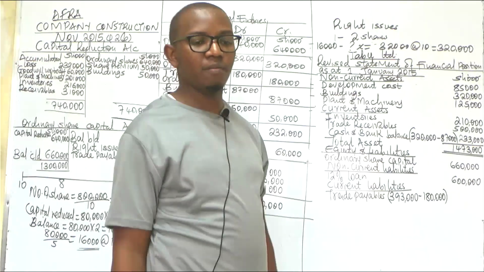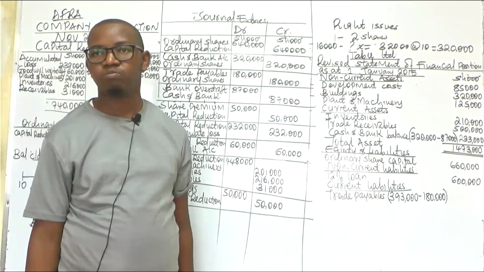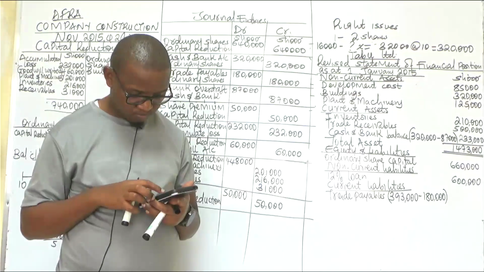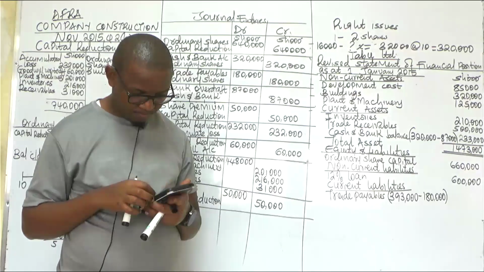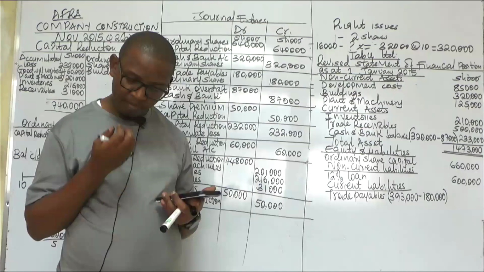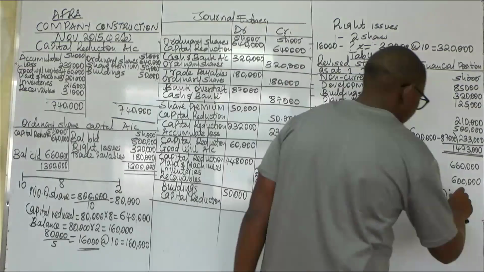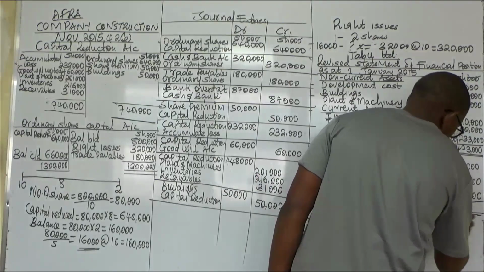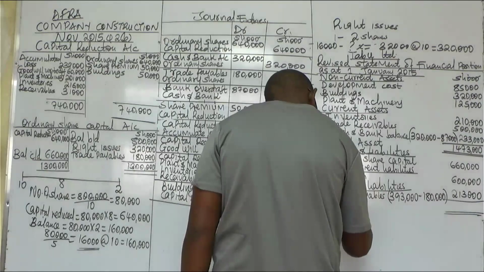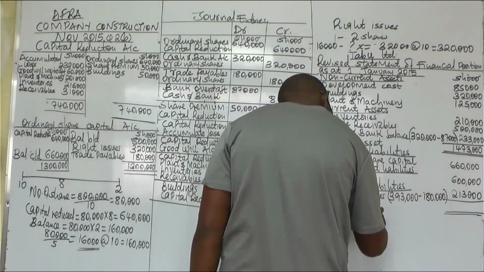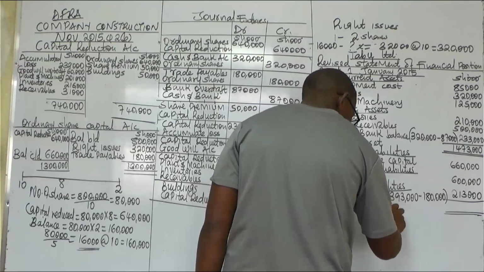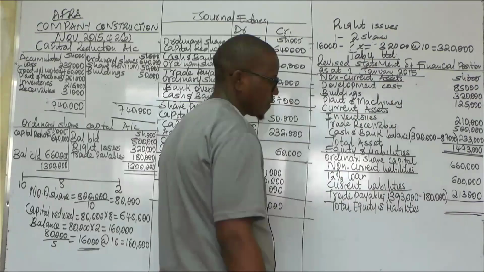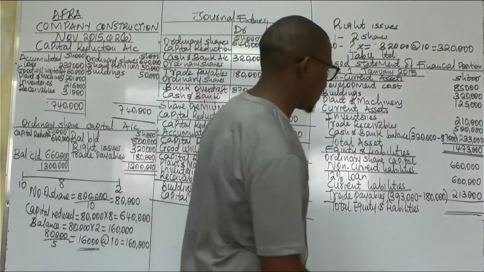How much is it giving you? 13. Get the total. What is the total? 1070.